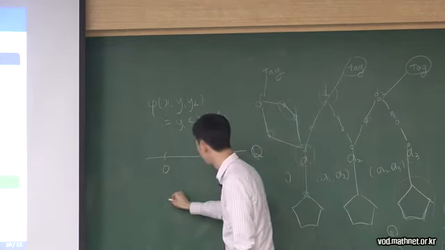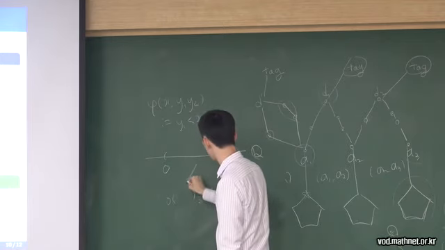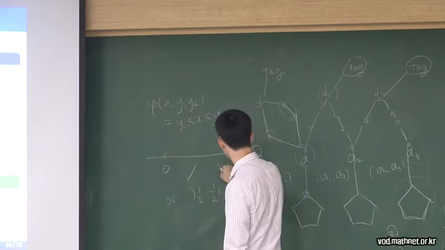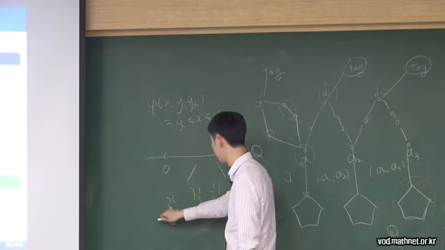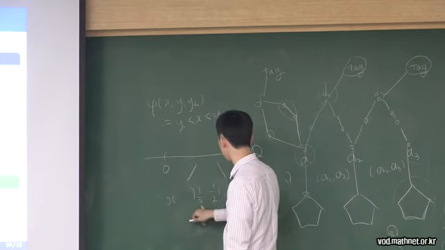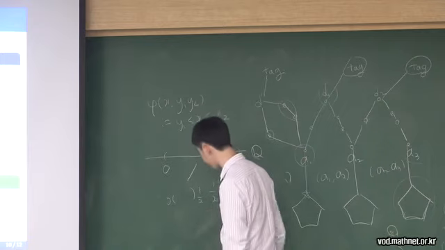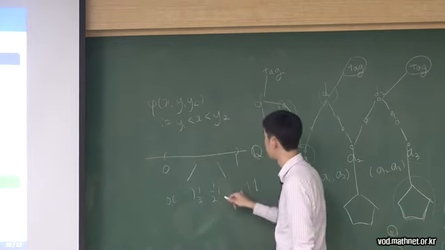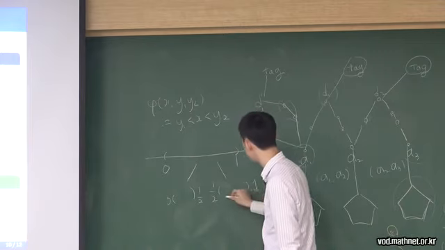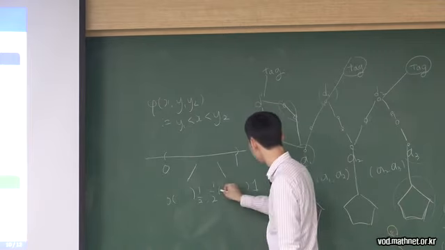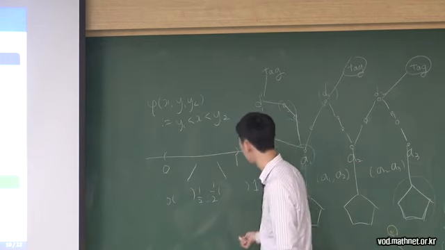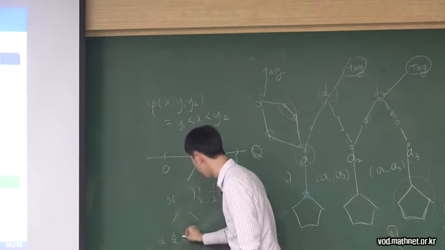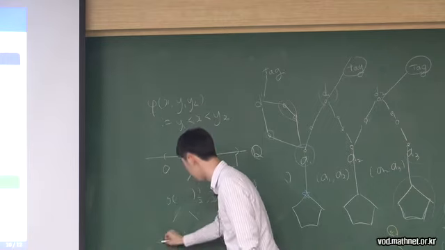And then by choosing another one, 0 and a half, we have another open interval which is in here, right? And then make another one. Erase this one.